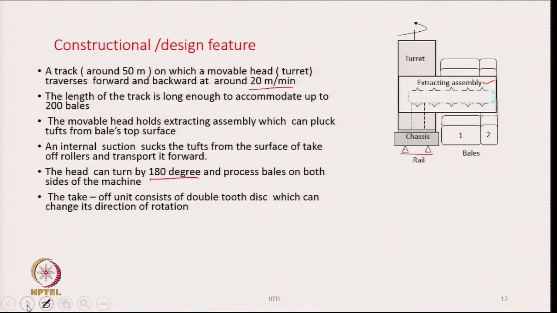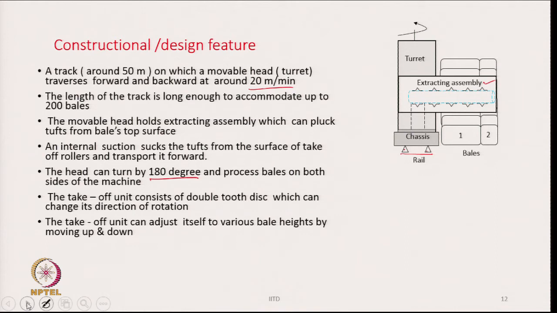This takeoff unit consists of a double tooth disc which can change its direction of rotation. We will see a more detailed diagram next. The takeoff unit can adjust itself to various bale heights by moving up and down. The entire extracting assembly that you see here, which you can call the takeoff unit, is self-adjustable. That is, it can move up and down depending upon the height of the bale. The bales are coming from different locations, so sometimes the bales are not exactly of the same size.